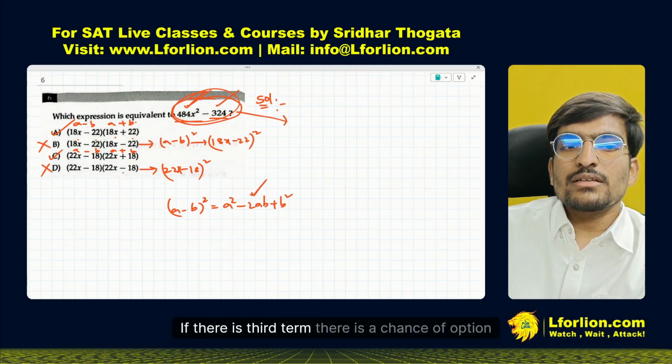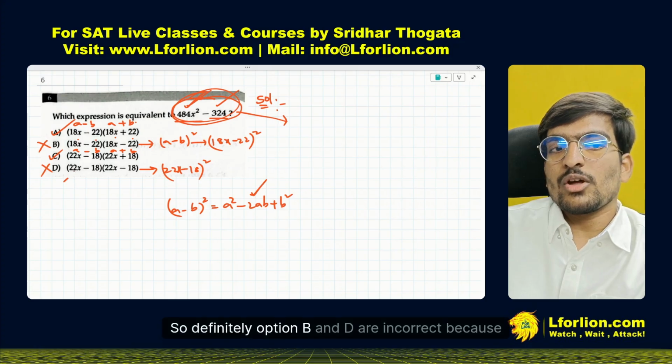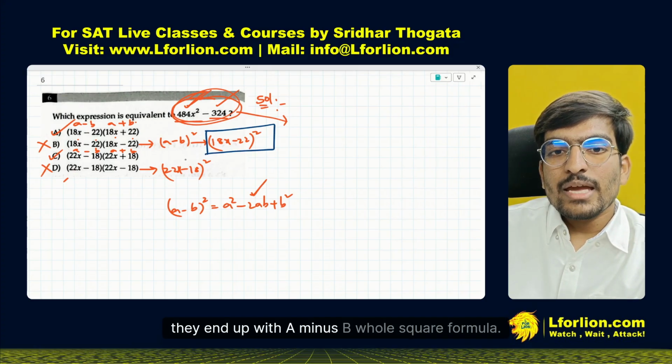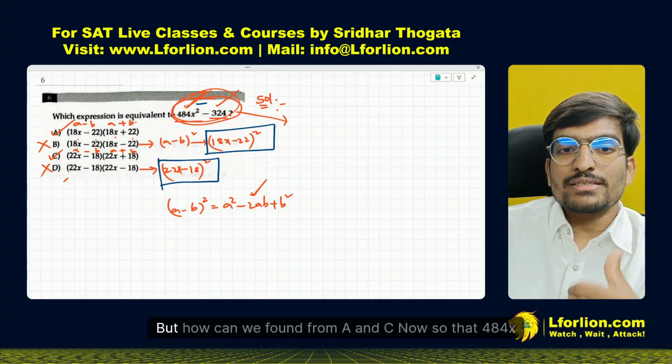If there were a third term, there would be a chance of option B and D. But there is no third term, so definitely options B and D are incorrect, because they end up with the A minus B whole square formula. So the question won't match the A minus B whole square formula, but the answer may be A or C. But how can we find it from A and C now?